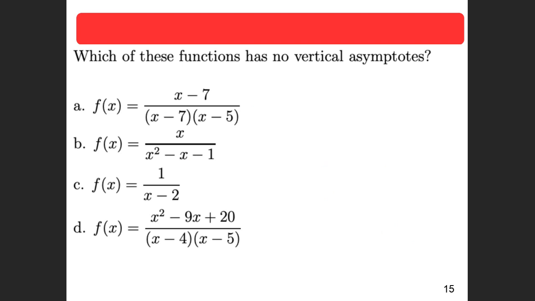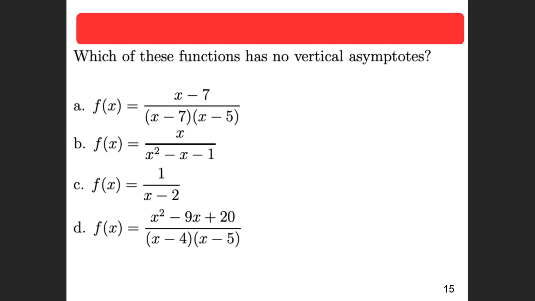Which of the functions has no vertical asymptotes? This one's a little tricky. Which one would not have any vertical asymptotes? I'm sorry, vertical asymptotes, not horizontal.